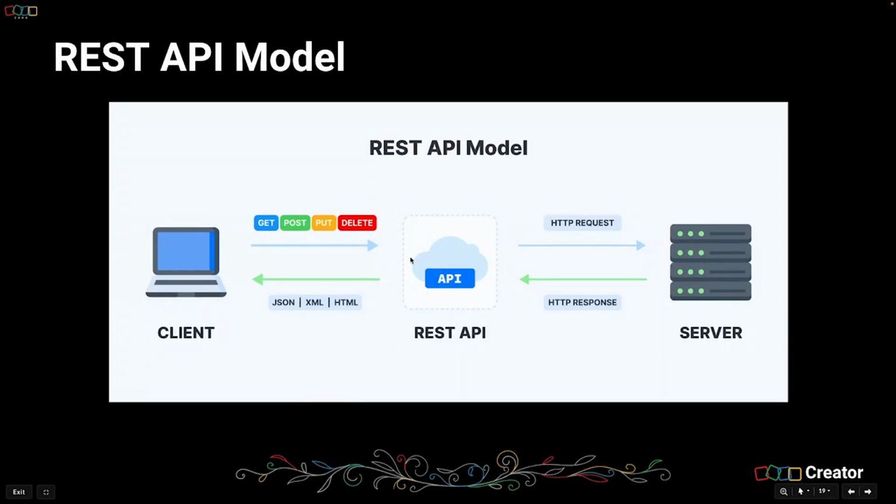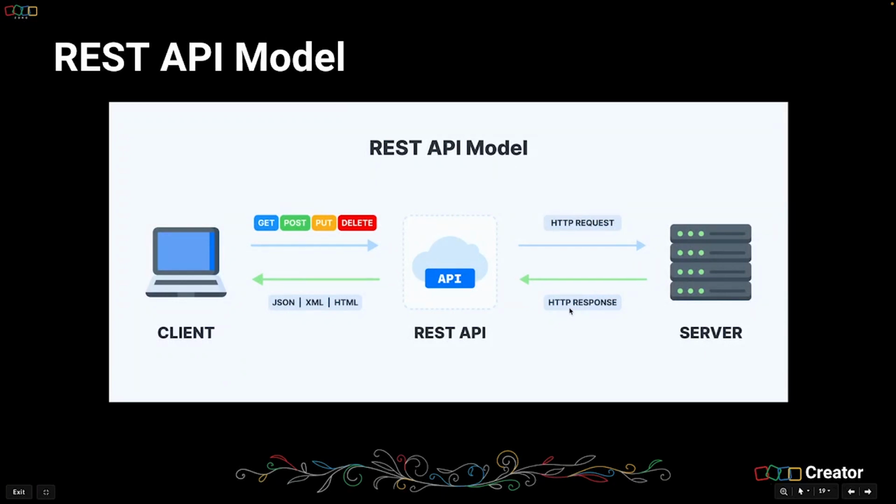The API will take the request of the client and pass it to the backend server or the third-party application. This API request which we have passed will be converted into an HTTP request that can be accessed by the third-party server or the application. This will work on the request that was provided by the API and give an HTTP response.